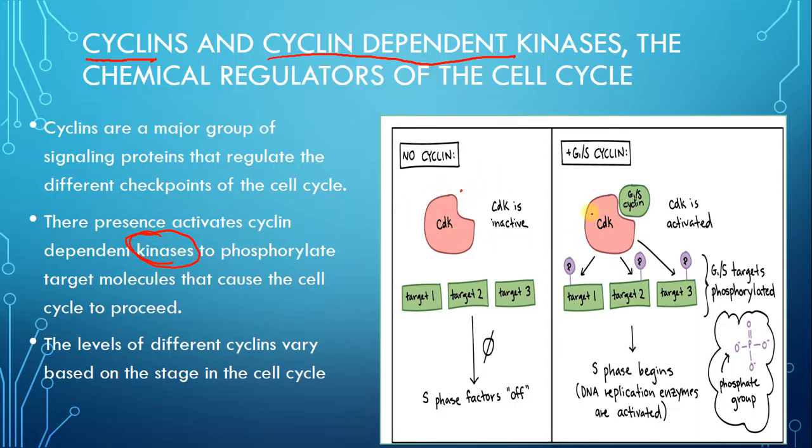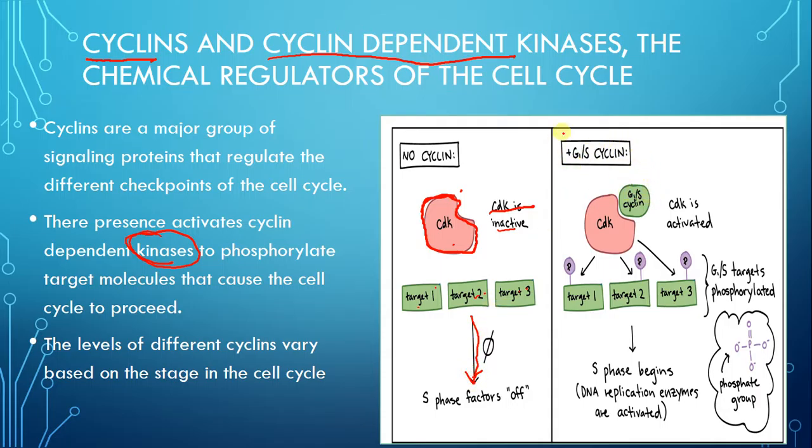So, normally, say we have a cyclin-dependent kinase that's going to initiate S phase. It's in the G1 gap phase. And normally it's not active. It can't phosphorylate these target molecules to start the replication of our DNA.